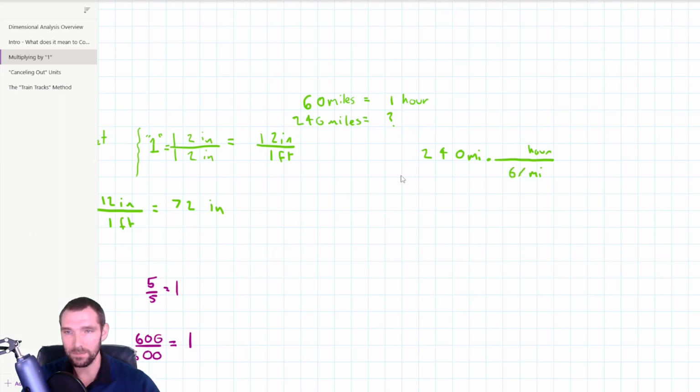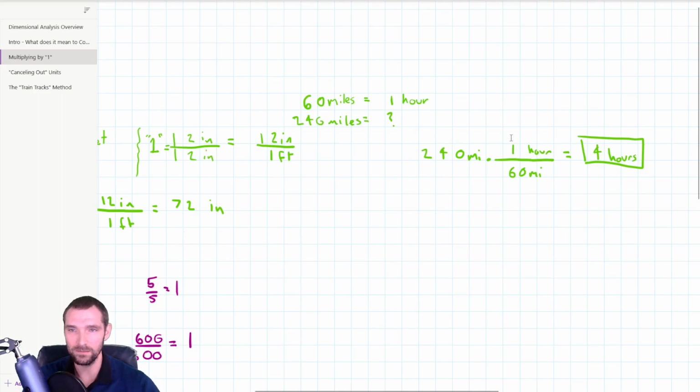So we've got our 60 miles. That's equal to 1 hour. I believe that's 4, right? So that's 4 hours. So that's the idea behind a conversion factor. It's a fancy looking one, and it allows you to take one unit and turn it into a different unit.